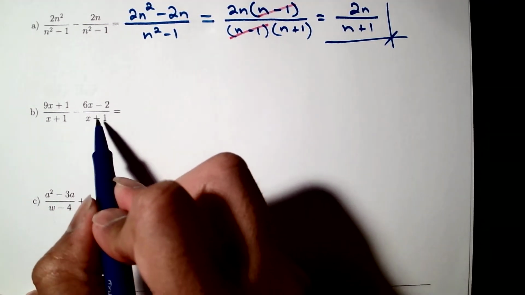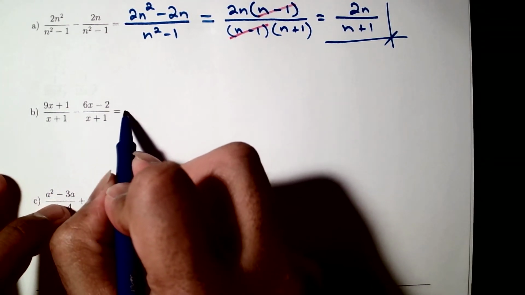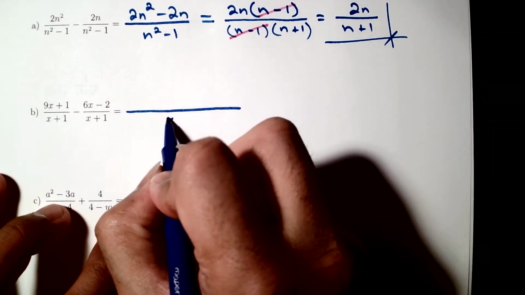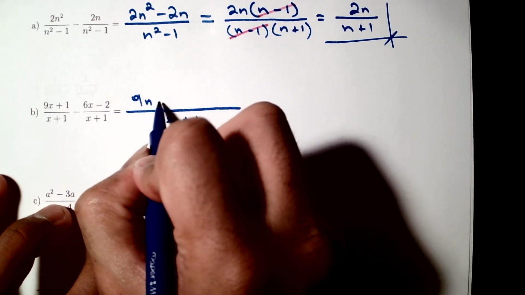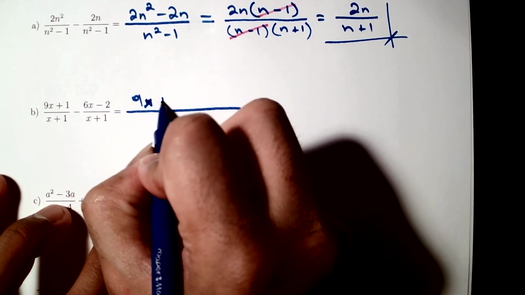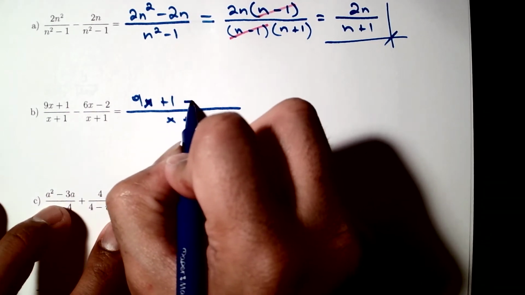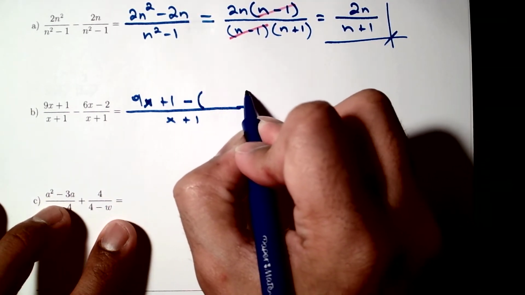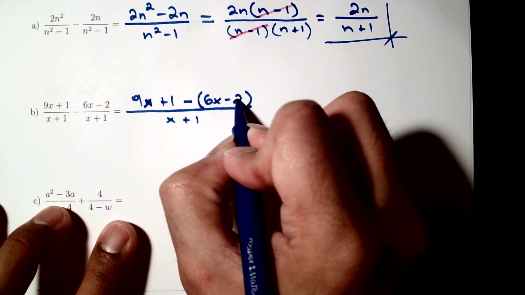Number 1, we can see that the denominator is the same, so all we can do in this case is write a big division bar, and this is going to be 9x plus 1, and in this case minus, be careful here, minus, I would open parentheses, this will be 6x minus 2.